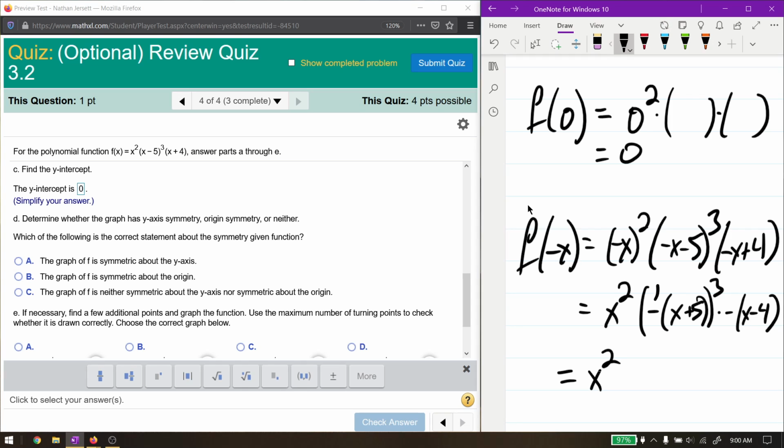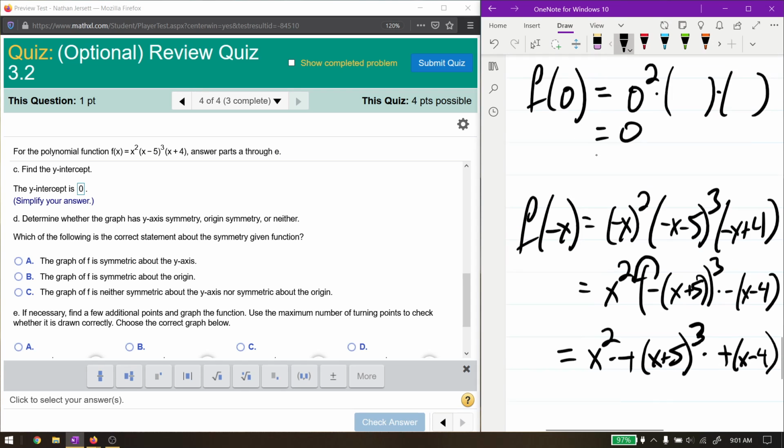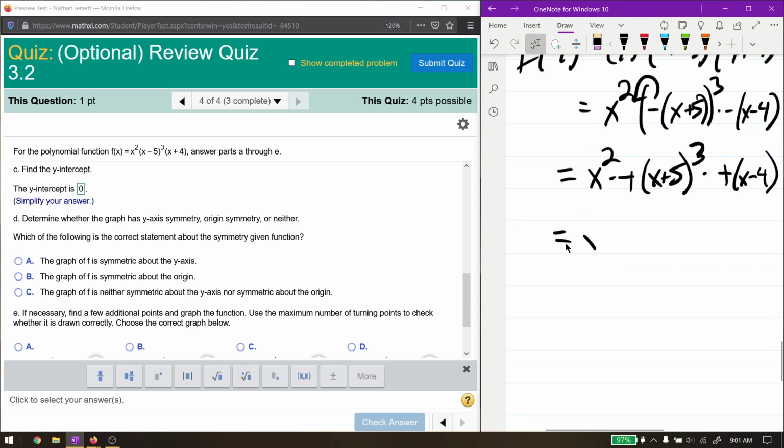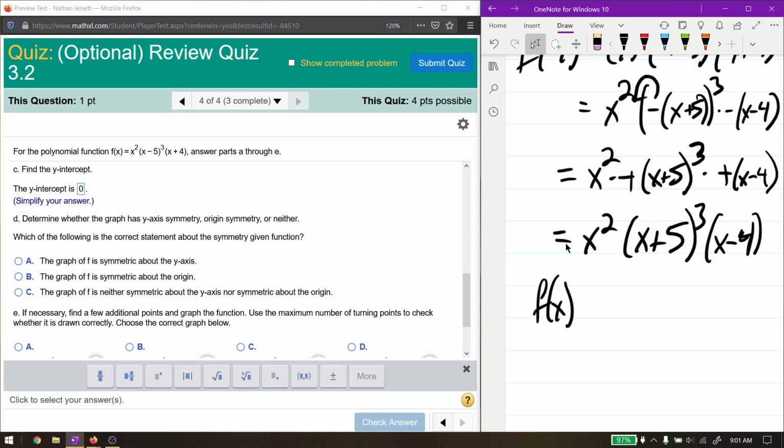And I can move this negative to the outside, and that negative is already there. So we get negative x plus 5 cubed times negative x minus 4. Those negatives cancel, so what this gives us is x squared, (x plus 5) cubed, and (x minus 4). And our function, f of x, is x squared, (x minus 5) cubed, (x plus 4).